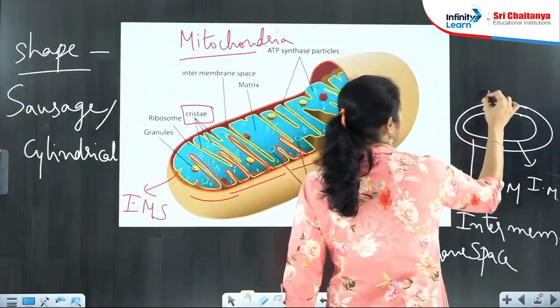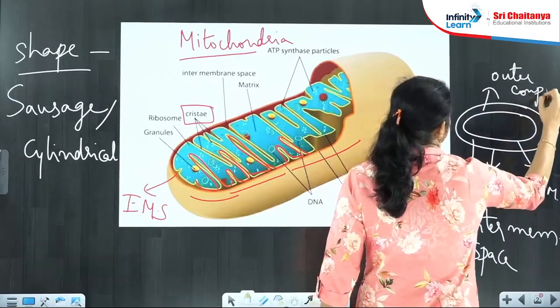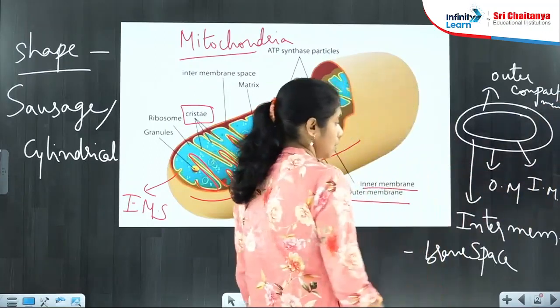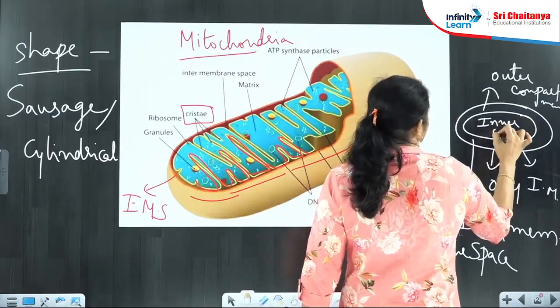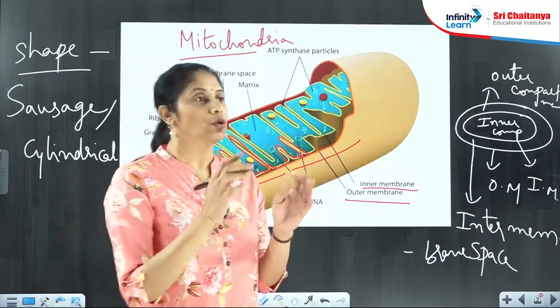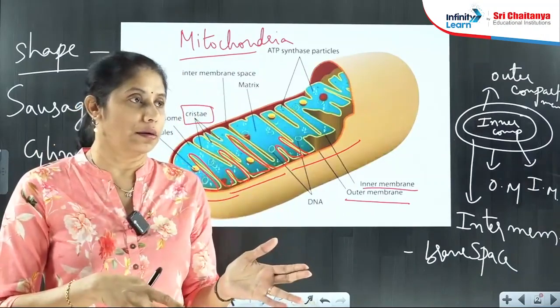This is called outer compartment, where I have written intermembrane space, that is only called as outer compartment, and this inner one is called inner compartment. So, two compartments are there because of the outer and inner membrane.